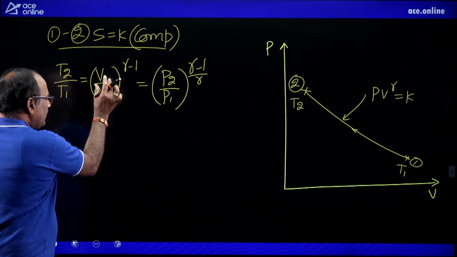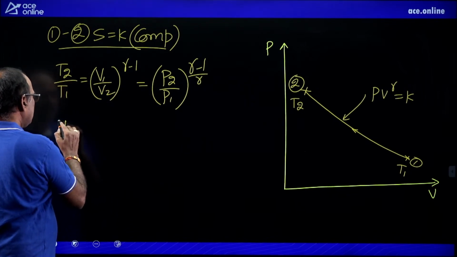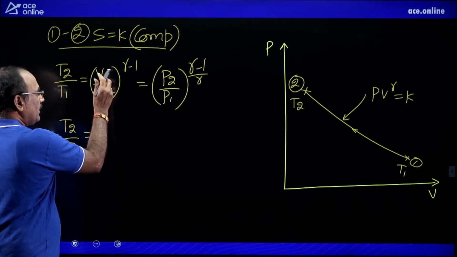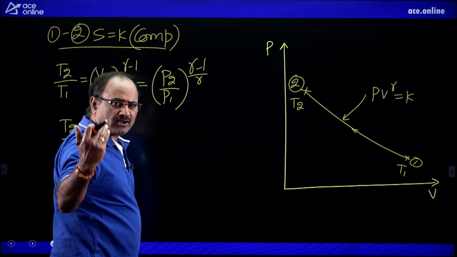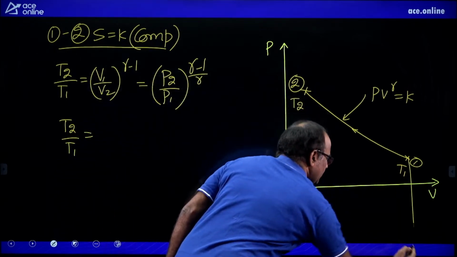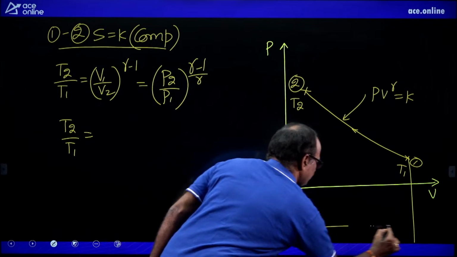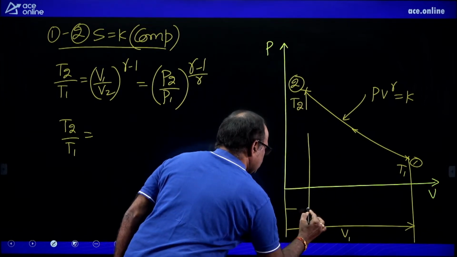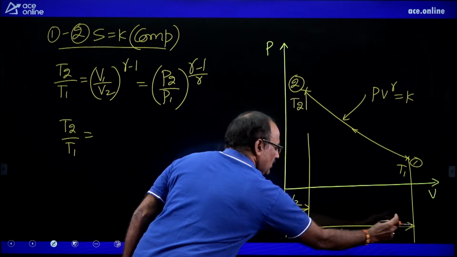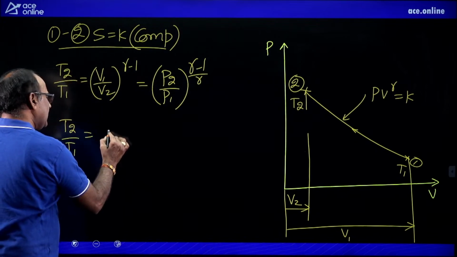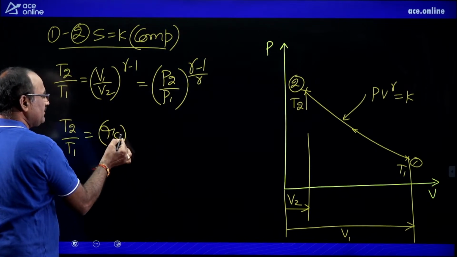What did we say? T2 by T1 equals the quantity V1 by V2, the volume before compression divided by the volume after compression. This is the volume before compression, this is the volume after compression. The volume before compression divided by volume after compression can be called the compression ratio, marked with RC.